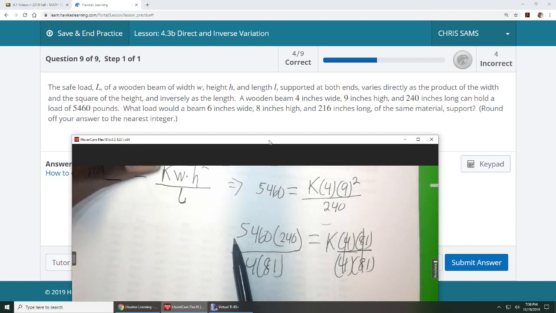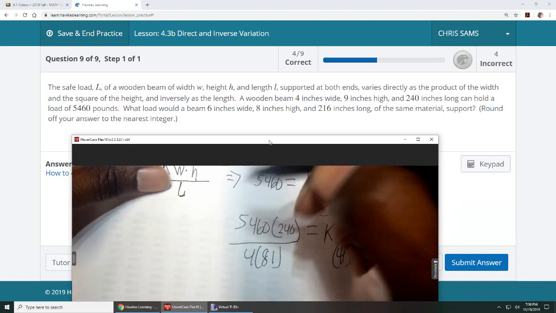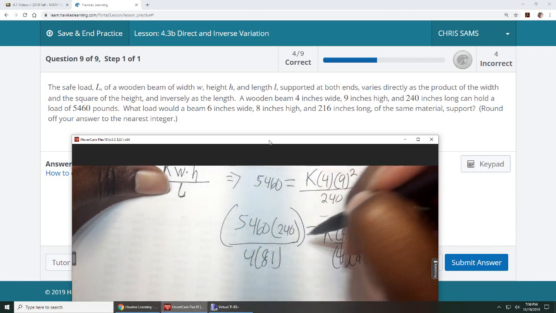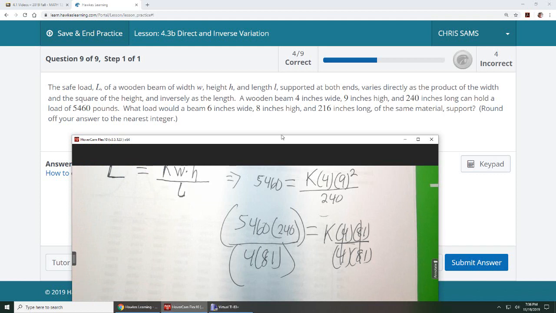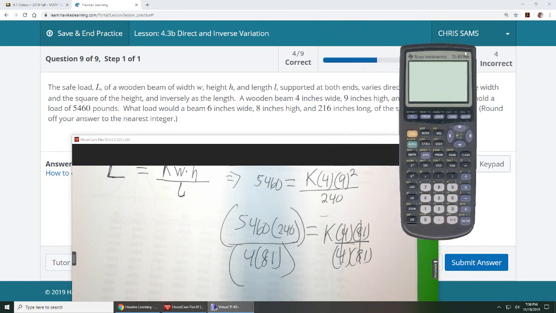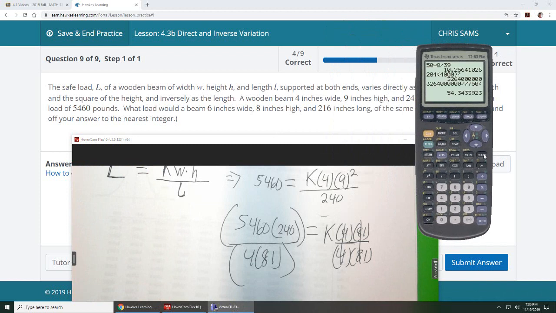Okay, so I'm just going to type it all in. Now, this time when I put in the calculator, I'm going to put this whole thing in parentheses on the top and this whole thing in parentheses on the bottom so that it doesn't mess up the calculation. So, I'm going to turn this on, clear out what I have, open parentheses, and do 5460 times 240, close parentheses, divided by, open parentheses, 4 times 81, close parentheses.